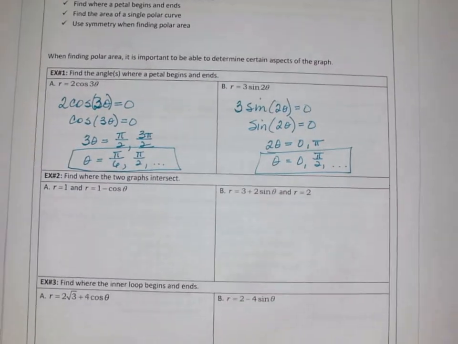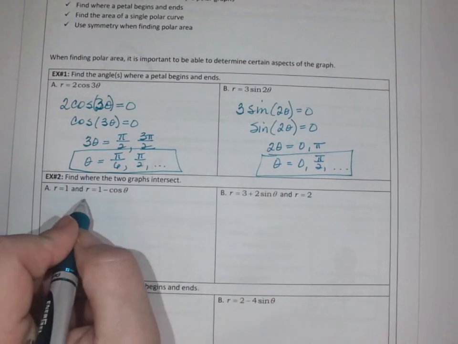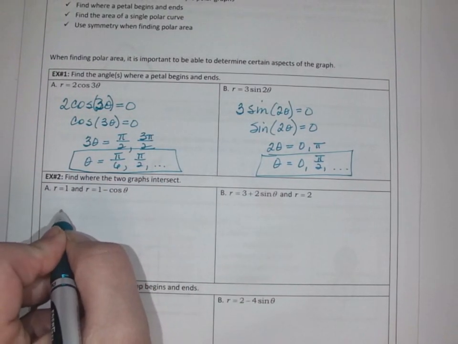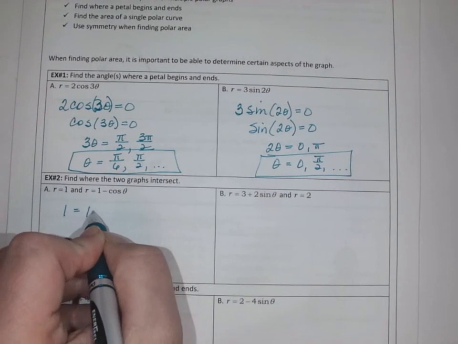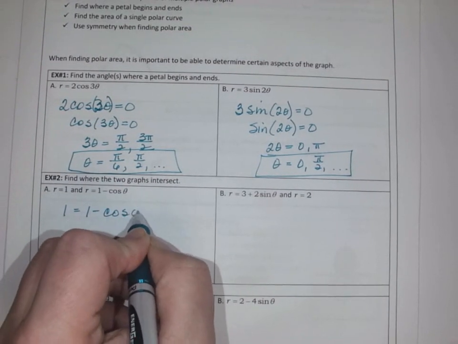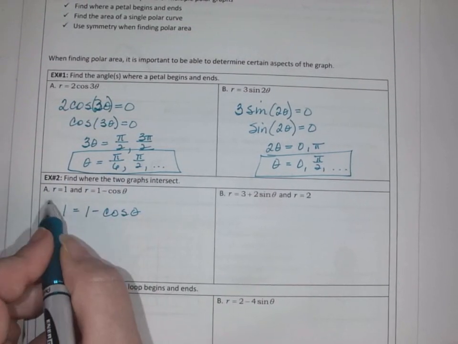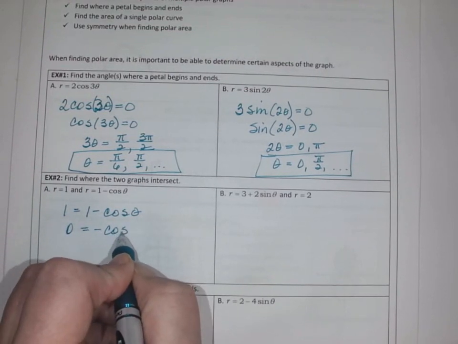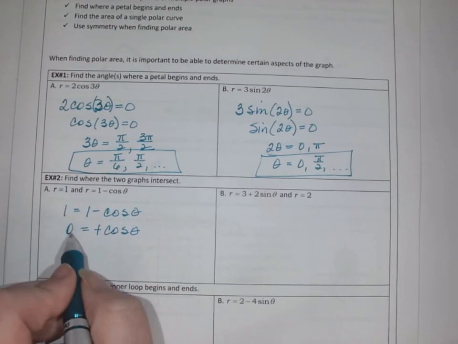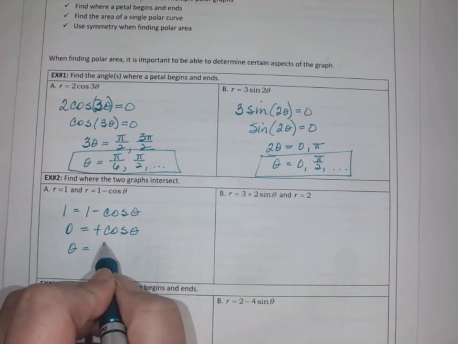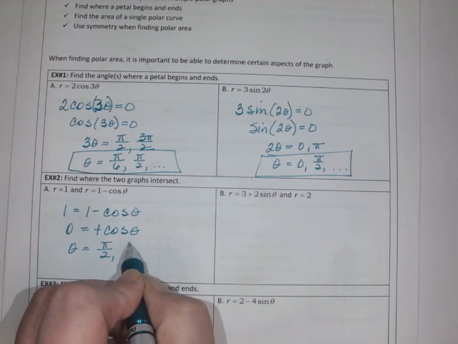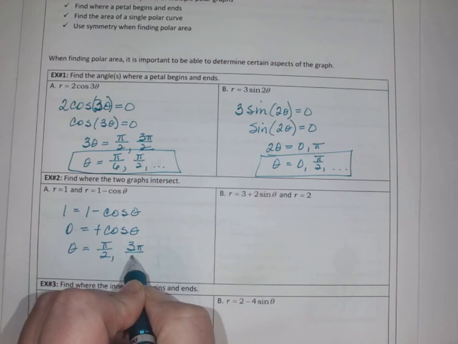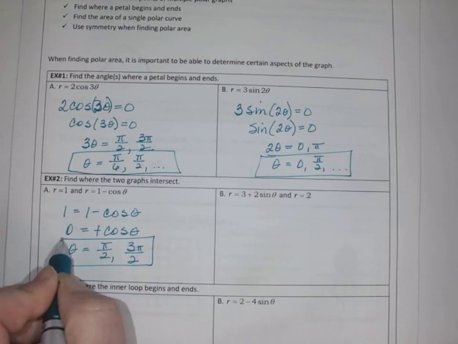So to find where two graphs intersect, we set them equal to each other. So we have 1 is equal to 1 minus cosine of theta. So if I move my 1 over, I have 0 is equal to negative cosine of theta. Change my signs, so theta is equal to pi over 2 and 3 pi over 2, which is what it looked like on the graph, okay?